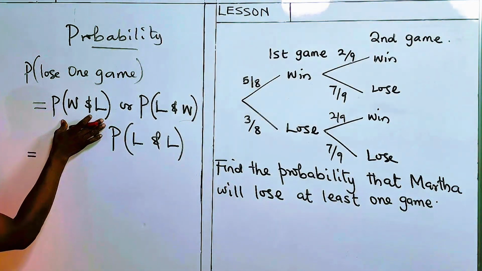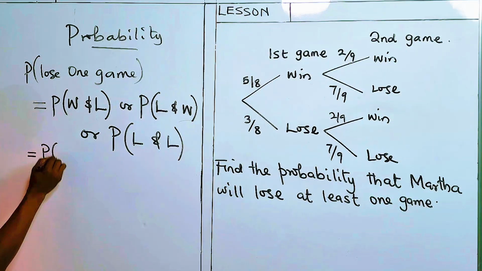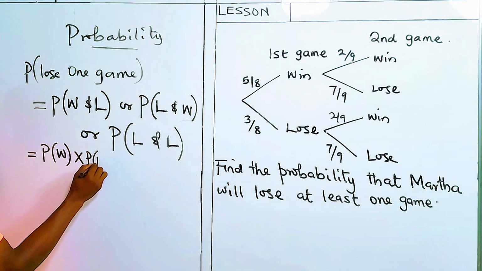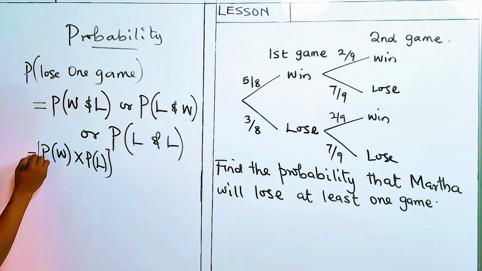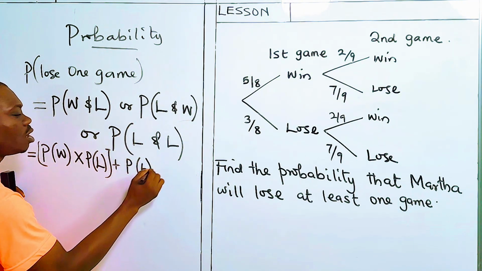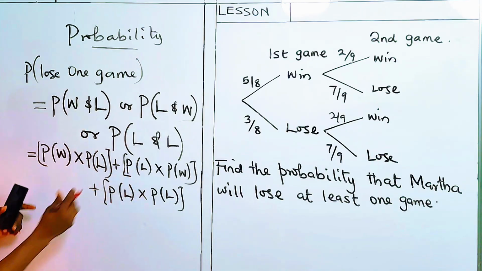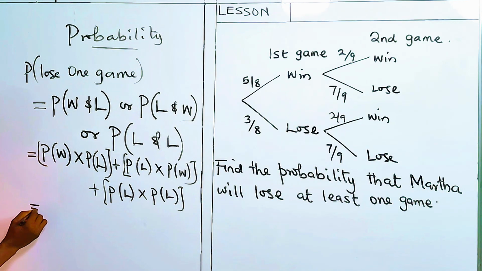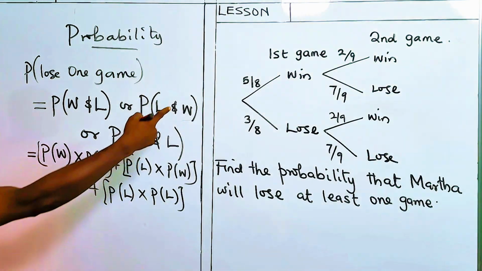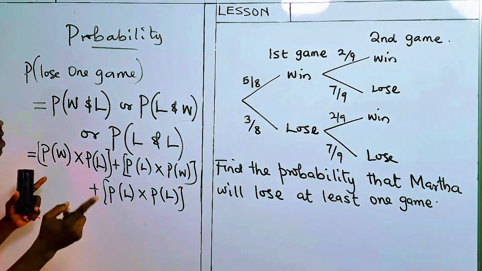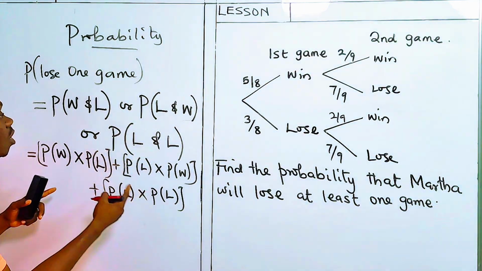So this is going to be the probability of win times the probability of lose, plus the probability of lose times win, plus lose times lose. I've just expanded what the possibilities will be. Now, we are supposed to differentiate all of these.